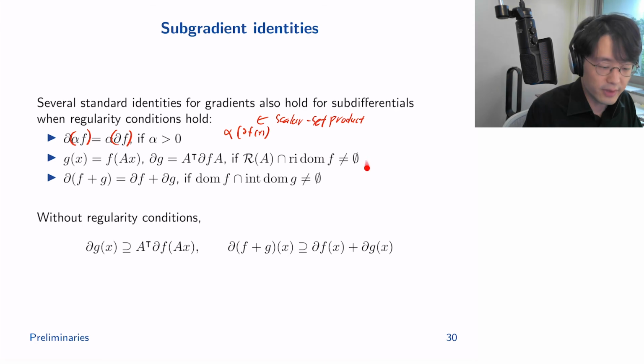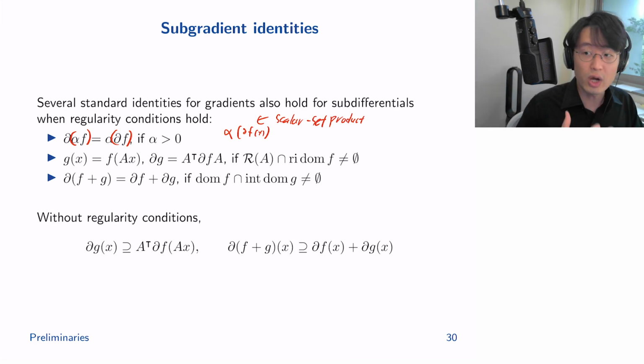By the way, the proof of these results is not that easy. It does require some non-trivial ideas from convex analysis, and I would argue that the difficulty of the proof of these results is essentially equivalent to the difficulty of the proof of strong duality in convex optimization.